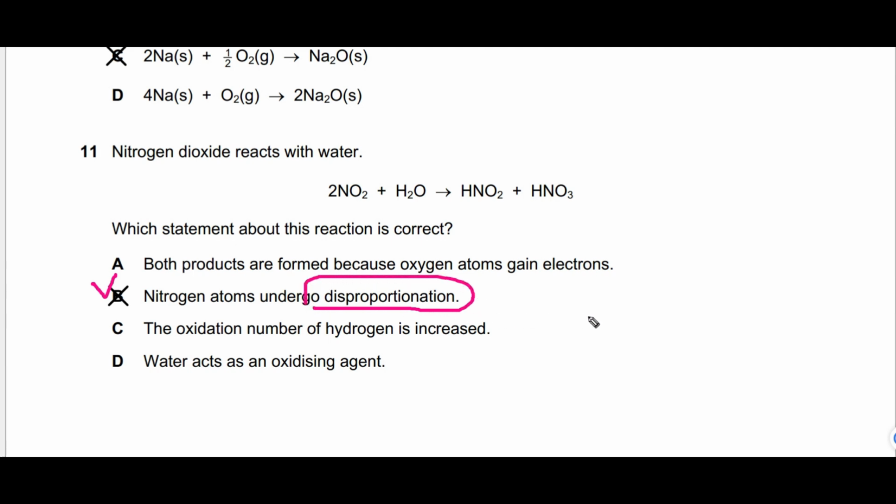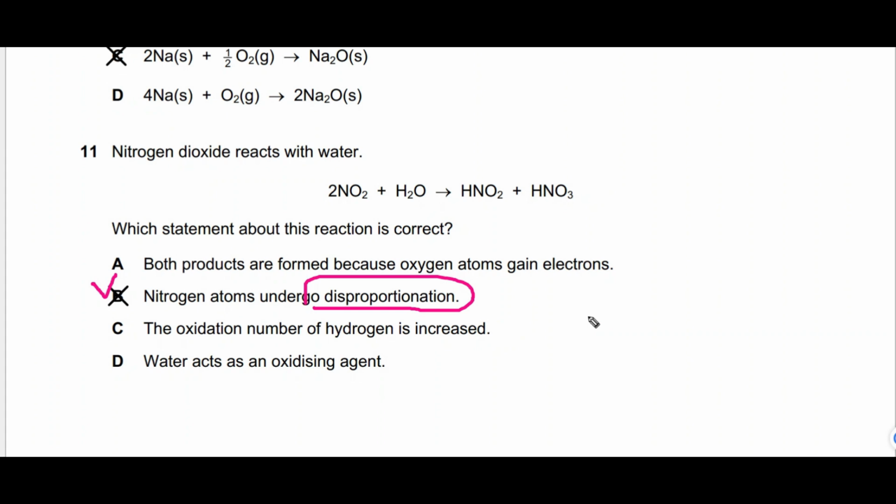And you know what a disproportionation reaction is? A disproportionation reaction is a reaction in which an element is simultaneously oxidized and reduced. The same element is oxidized and reduced at a time.